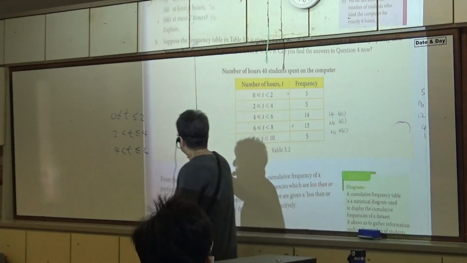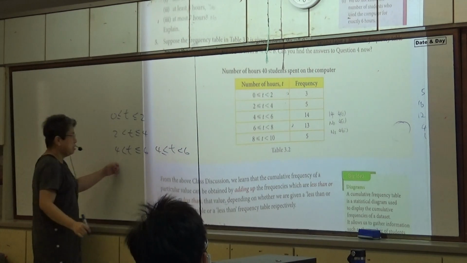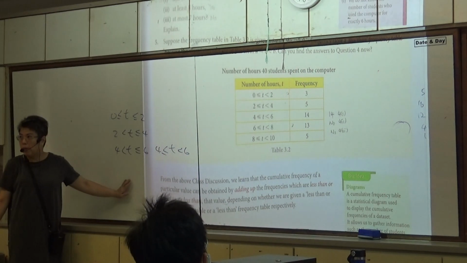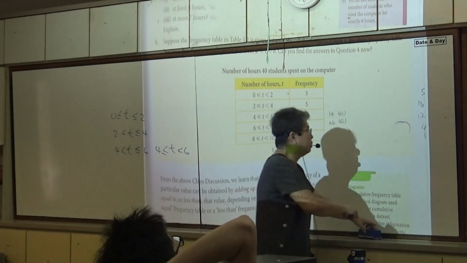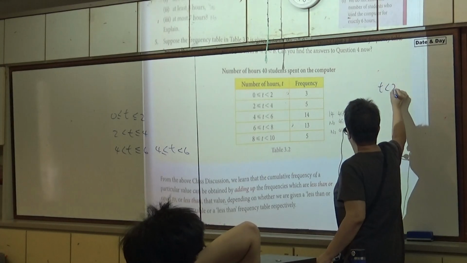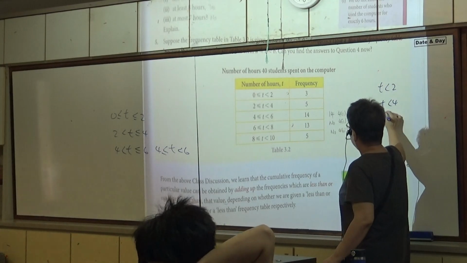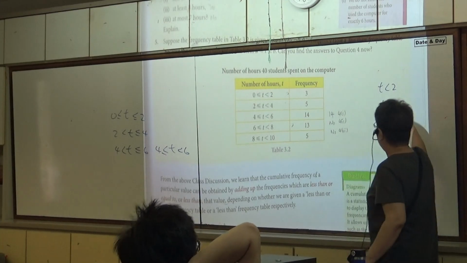Can you see it? That means it's like that. Can you see there's a difference here? Okay, so when we write the frequency table like that, that means the cumulative frequency will become like that now. T less than 2, T less than 4, T less than 6, T less than 8, T less than 10. We follow the last one.